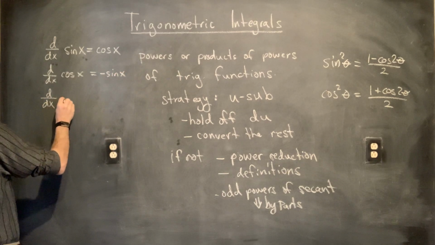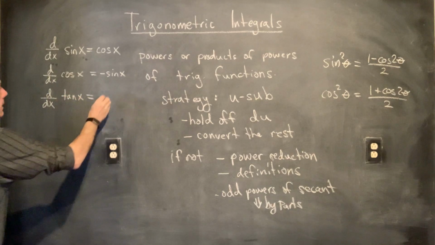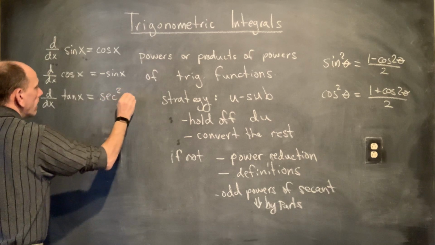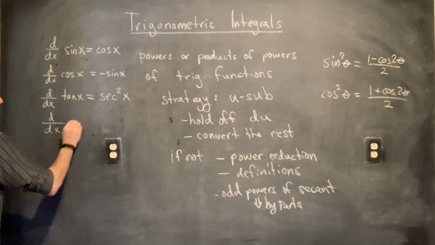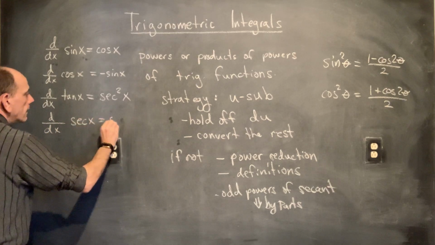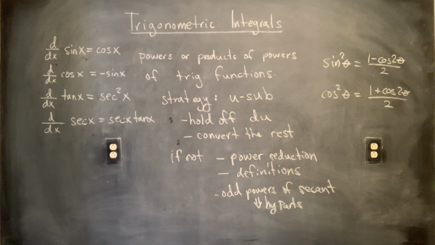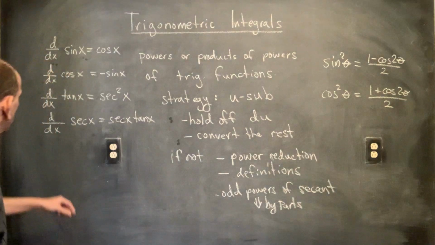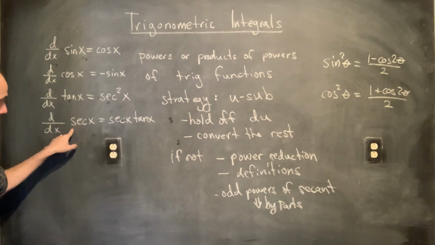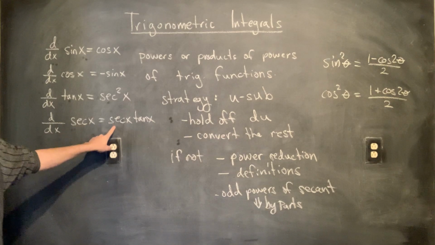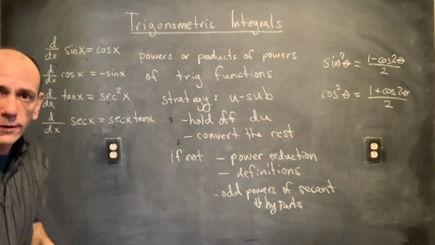The derivative of the tangent of x is the secant squared. The derivative of the secant is the secant tangent. And then, of course, the co-functions are just the negatives of those: the derivative of the cotangent is negative cosecant squared, and the derivative of cosecant is negative cosecant cotangent.